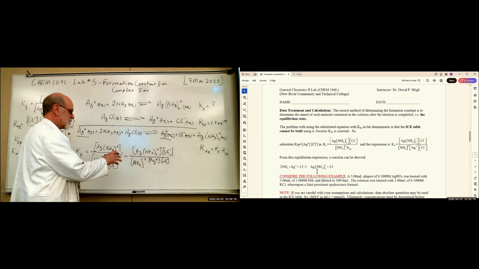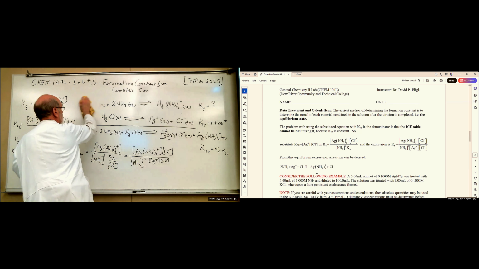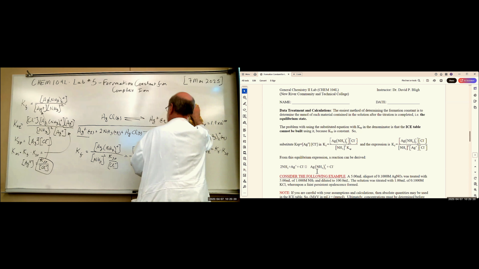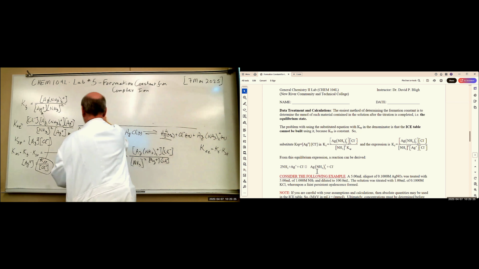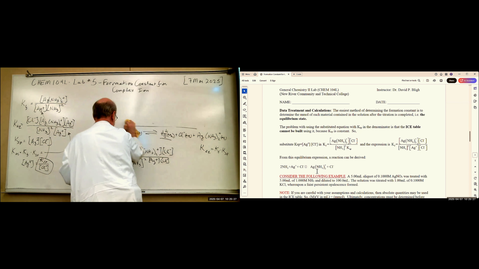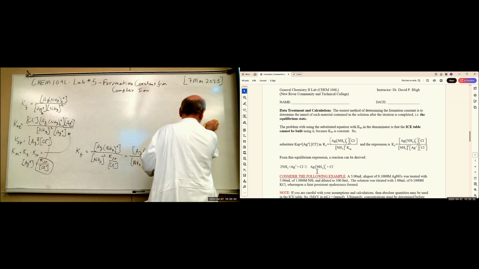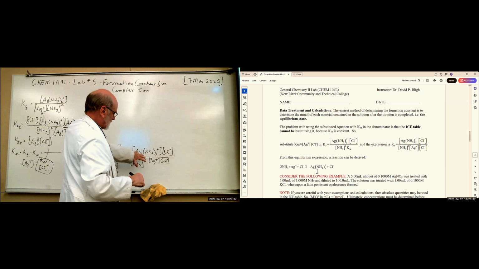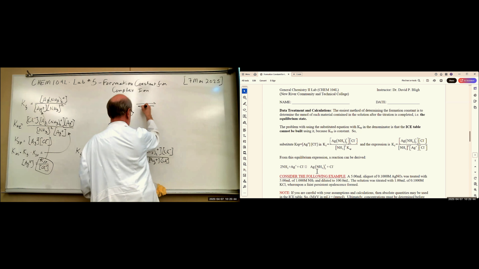So if we set up an ice table based upon that equation, I'm going to have to erase some of this, sorry. Make room. Let's just do the whole thing. We're sort of working backwards. But if this is our equilibrium equation, then we can set up an equation that's based upon that. Right?